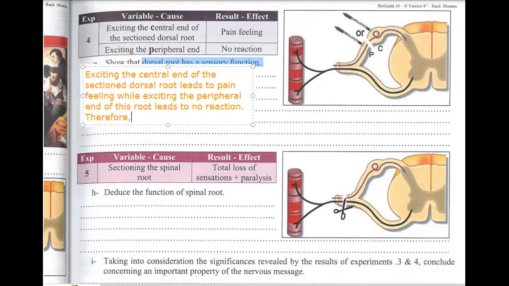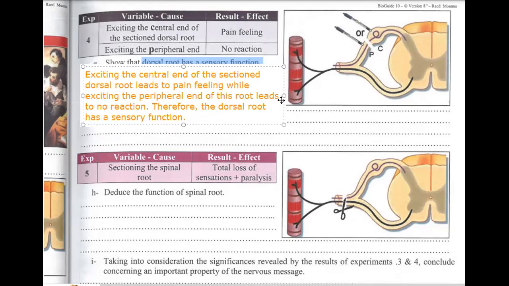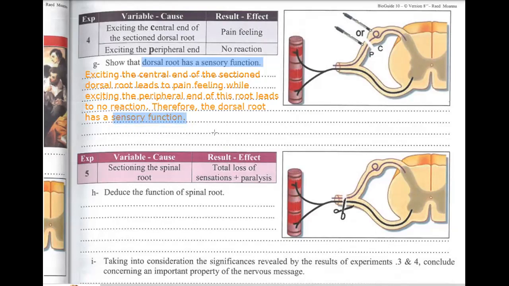Therefore, the dorsal root has a sensory function. So the ventral root has a motor function and the dorsal root has a sensory function.